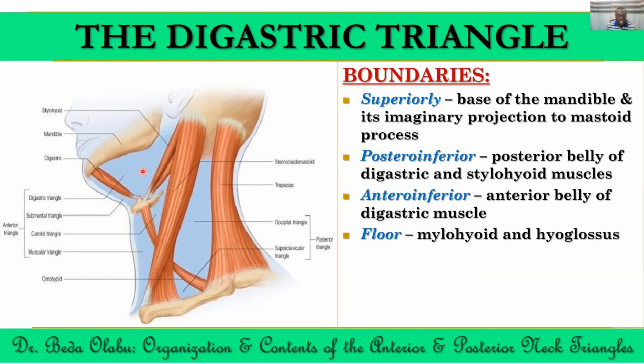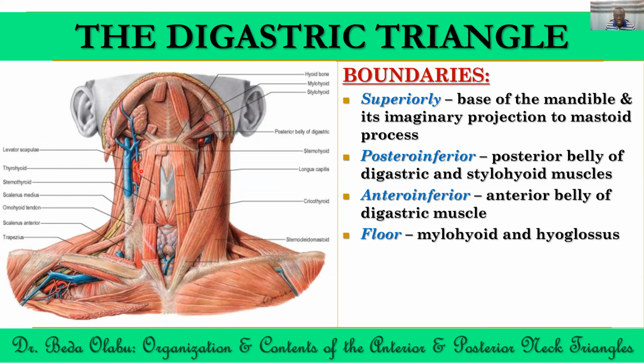The floor of this triangle is still formed by the mylohyoid muscle, but there is also an additional muscle, the hyoglossus muscle. So this is the mylohyoid muscle still. A bit posterior to that is the hyoglossus muscle, which you see part of it in this particular region there. So this also forms part of the floor of this triangle.